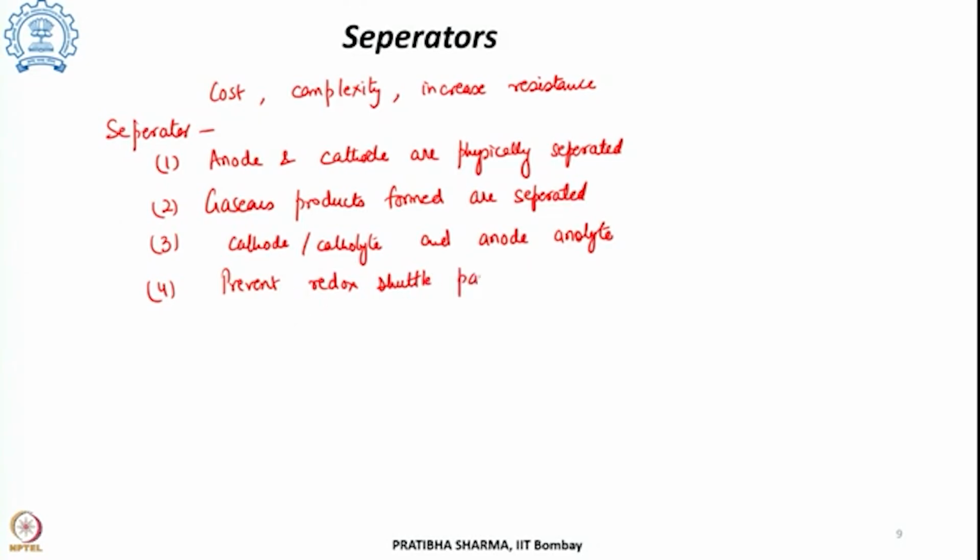A parasitic redox shuttle is when a species undergoes reduction at one electrode and reoxidation at the other electrode, and that can be avoided. The separator can also be selective towards one ion, and selectively allow that particular ion in the transport of ions.